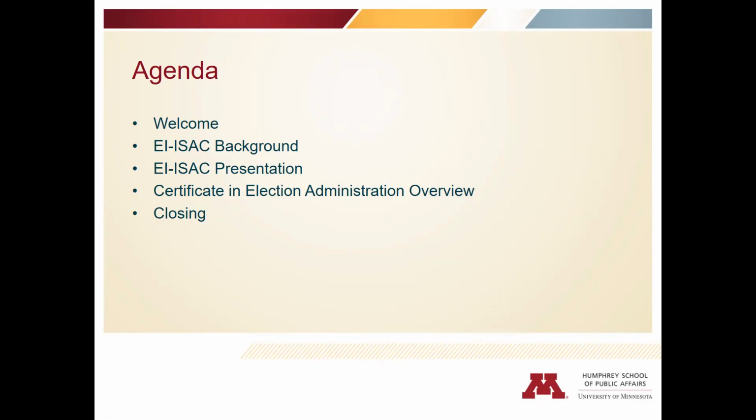So where did the EI-ISAC come from, and why are we talking about it? Well, in January of 2017, Homeland Security Secretary Jeh Johnson declared elections as critical infrastructure. And then by the fall of that year, a government coordinating council had been created with 28 local, state, and federal government elections officials, plus a DHS representative.